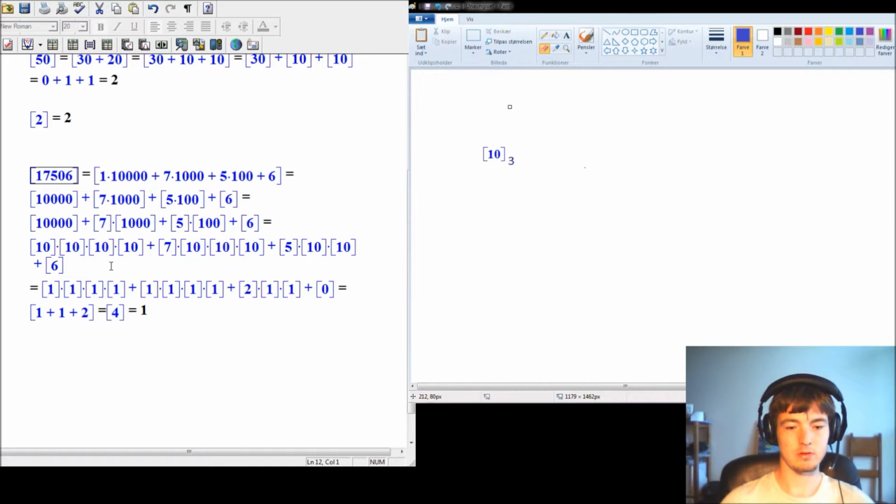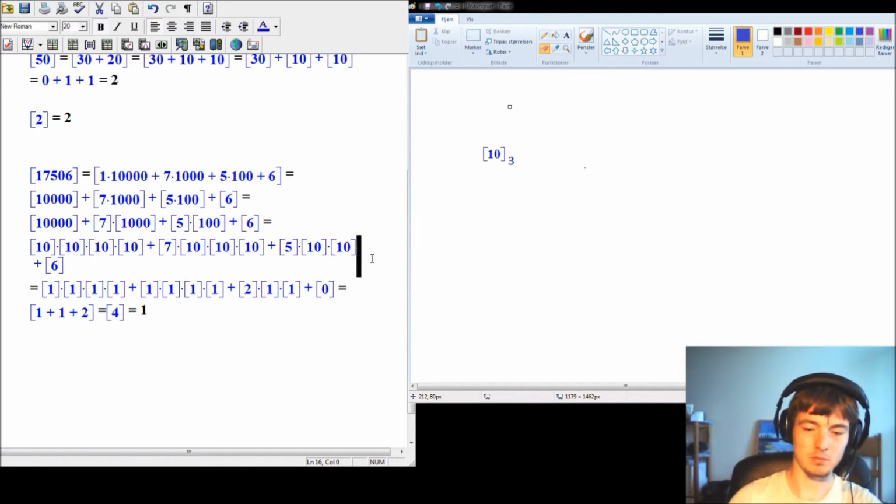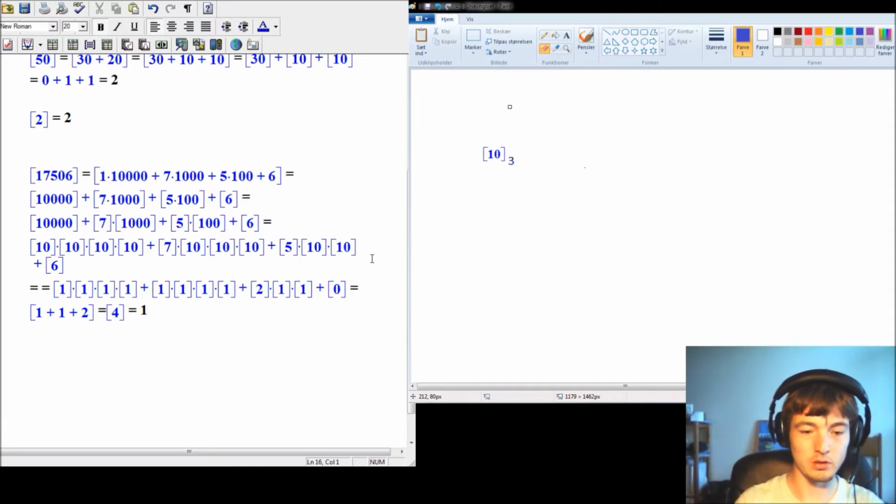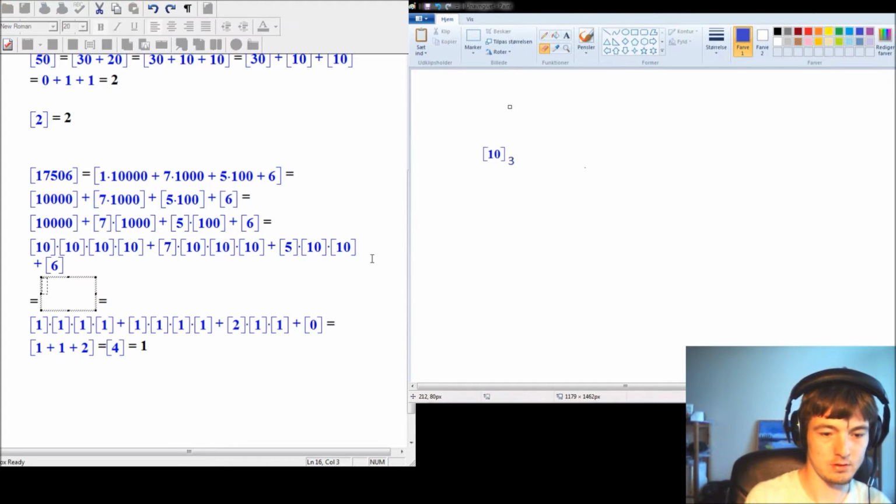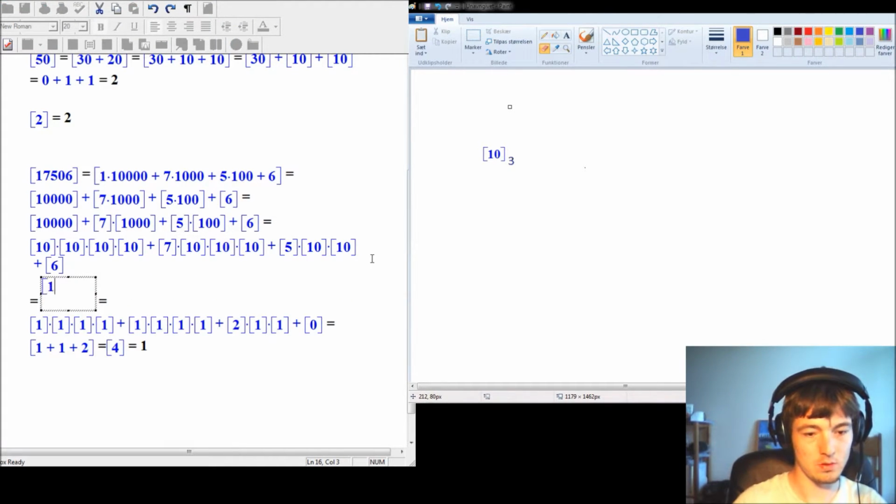Actually, what I think I'd like to do is add something here, and hopefully that'll make it clearer. Now I'm doing the 1 again, plus the 5.